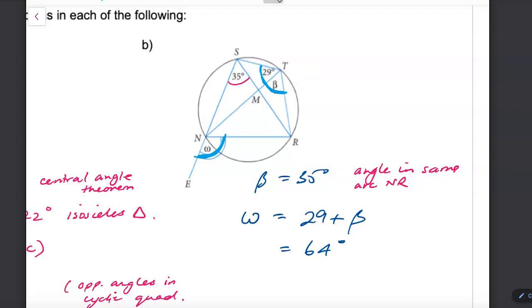So we can see that that's going to be 64 degrees. Now in this diagram, it looks like it should be an obtuse angle, so don't be put off because the diagrams obviously are not to scale.